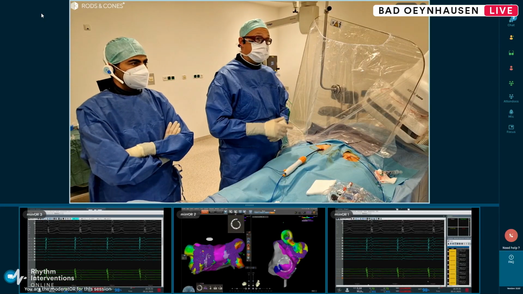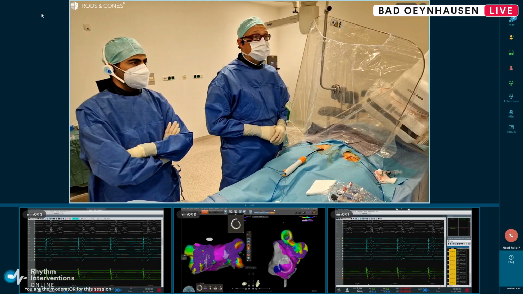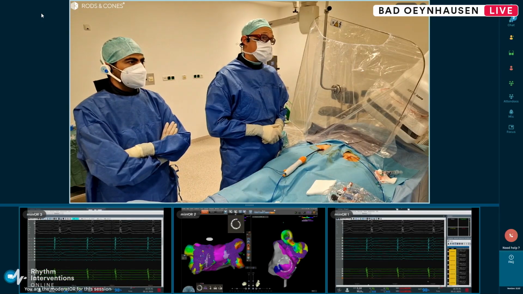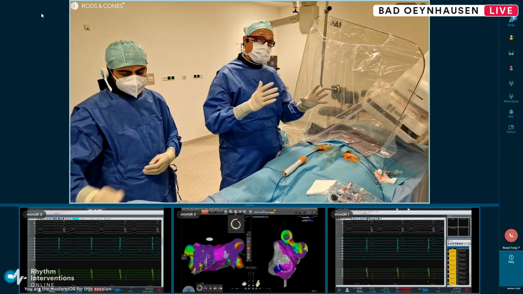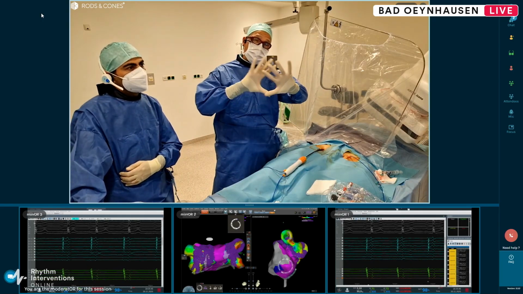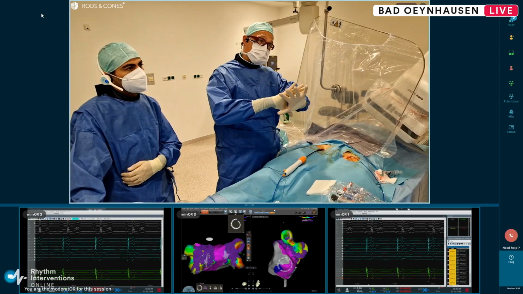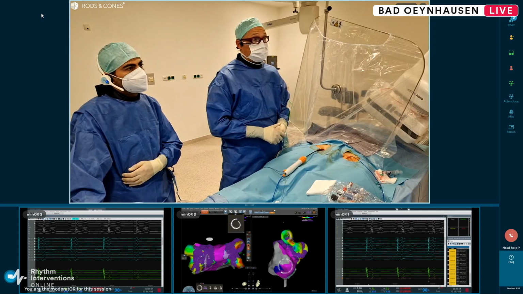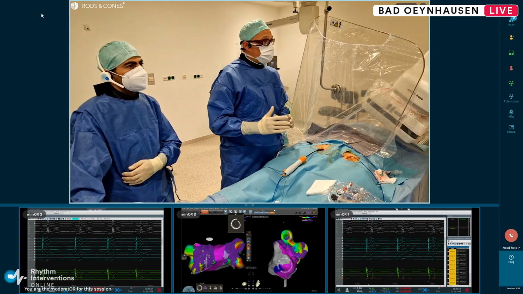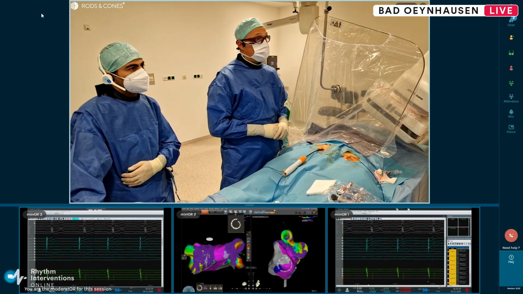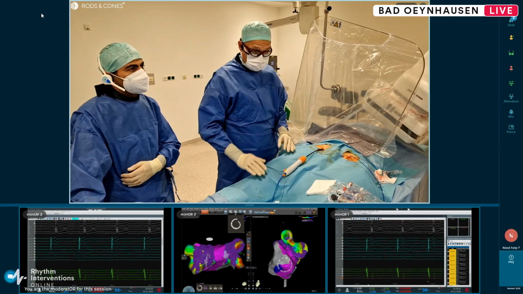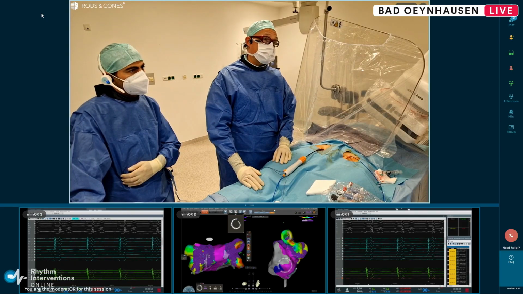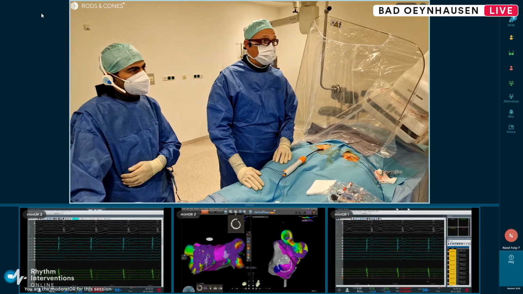We see so far using this circular catheter more or less a lesion formation which is comparable to those we see with a single tip catheter, whereas when we use the pentaspline or whatever, where we have more or less an area that is covered, there we see some smaller areas of reconnection, which look more or less like a gap channel, which is different here. So it's not clear. We need more data, but as long as we don't have it, we do another complete set of applications, or however it is recommended by the manufacturer of the PFA device.